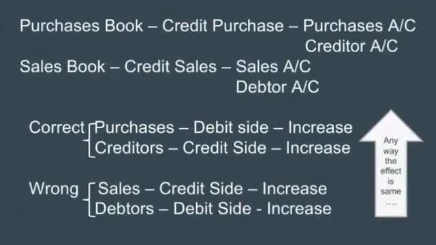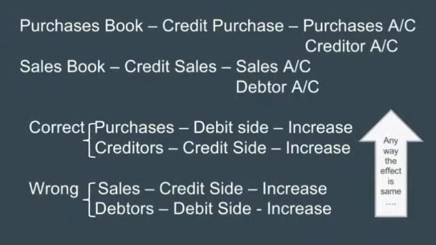Now, as I said, the purchases book is for credit purchases, and the two accounts affected by the purchases book are the purchases account and the creditors account. The two accounts affected by the sales book are the sales account and the debtors account. The purchases account has a debit balance and the creditors account has a credit side balance.